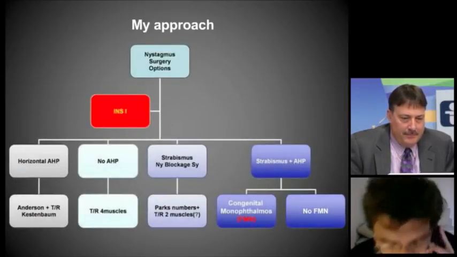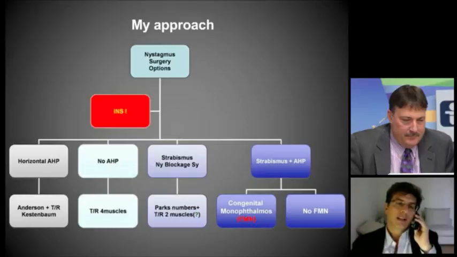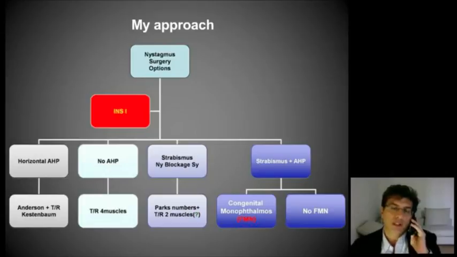Okay. Obviously, we are speaking about infantile nystagmus syndrome, and we have several options in the treatment of nystagmus. The first option is to treat the typical horizontal nystagmus we are used to treating with the Anderson or the Kestenbaum procedure.